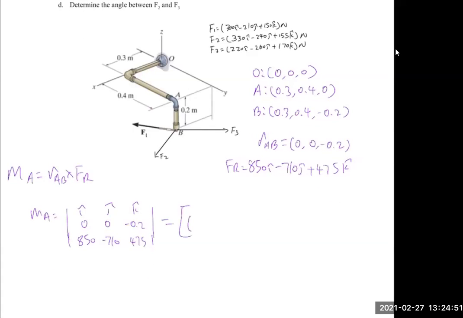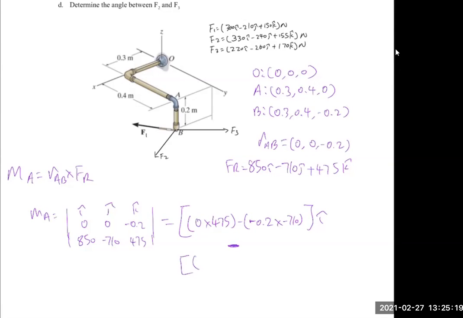For I, it's 0 multiplied by 475 minus negative 0.2 multiplied by negative 710. Okay, I. For J, don't put a plus sign, put a negative sign in front of J, because there's always a negative sign in front of the J.